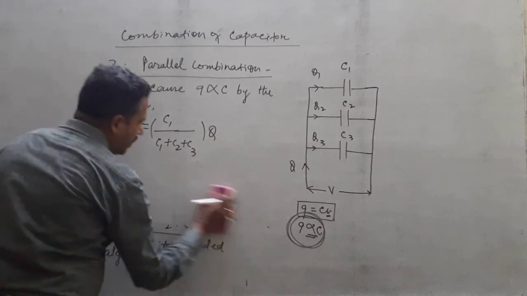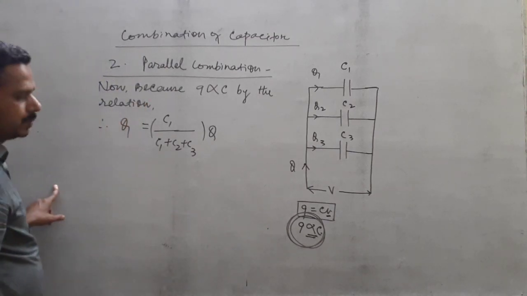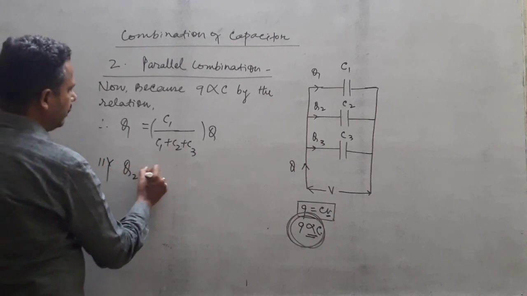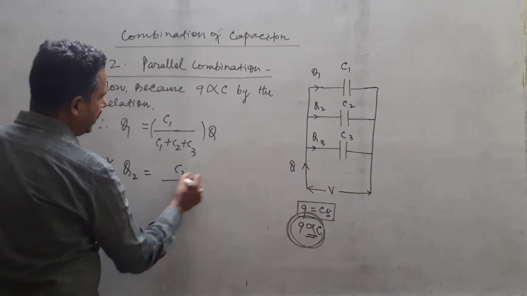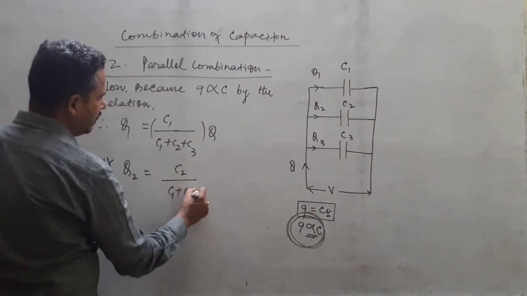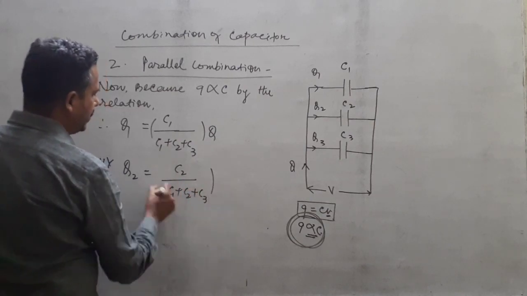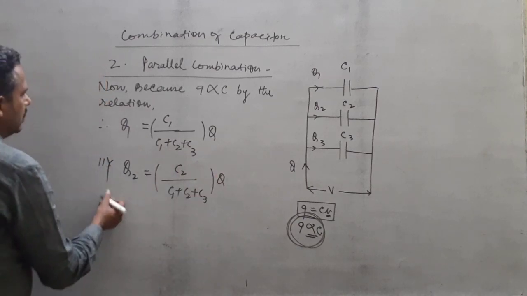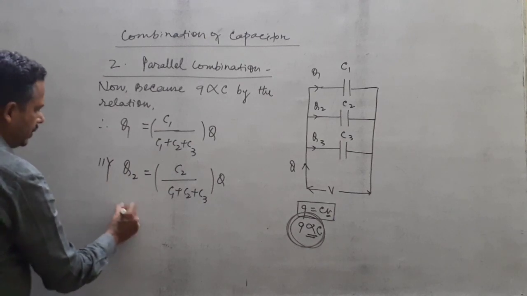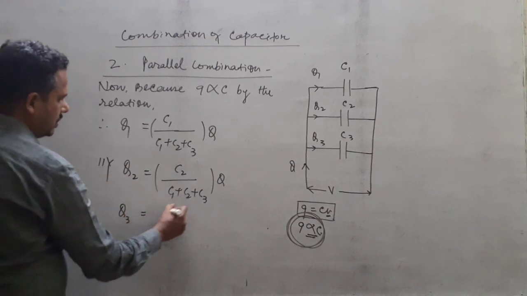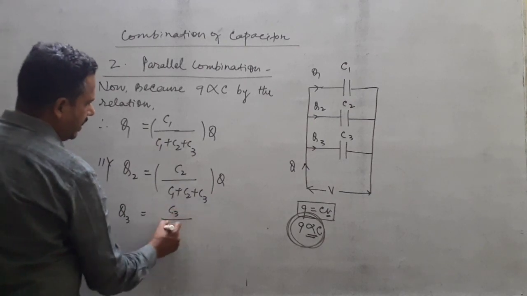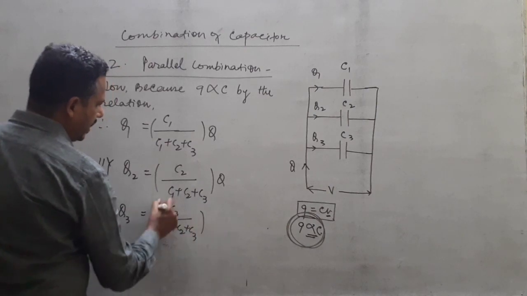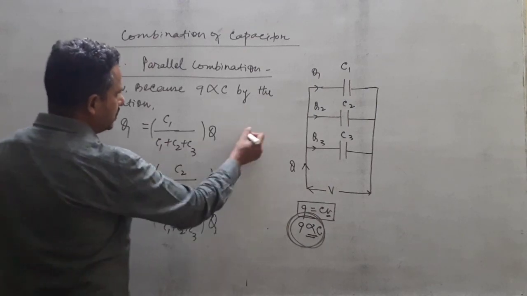Similarly, Q2 will be C2 divided by C1 plus C2 plus C3 multiplied by the net charge, and Q3 is C3 divided by C1 plus C2 plus C3 multiplied by the net charge.